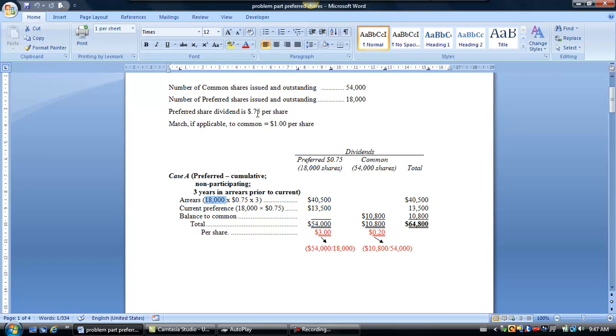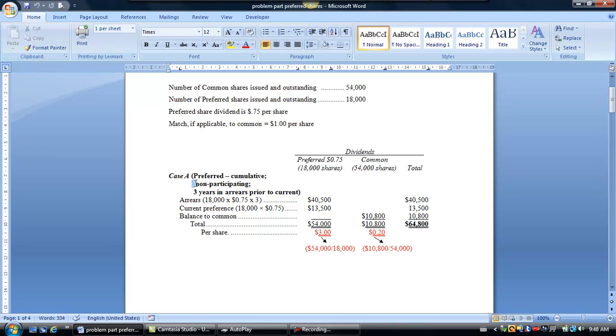We were told they get a 75-cent per share dividend, and we have to clean up the arrearages first. Why? Because they're cumulative preferred shares. So of the 64,800 that are going to be allocated in dividends this year, the first 40,500 are going to go to settle the arrearages.